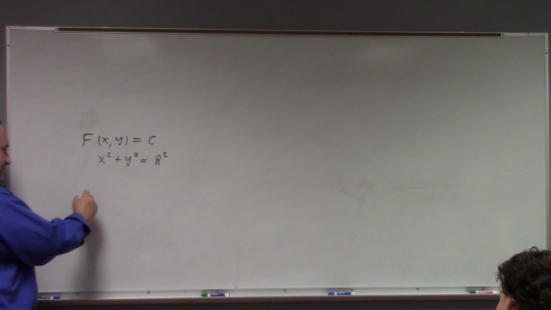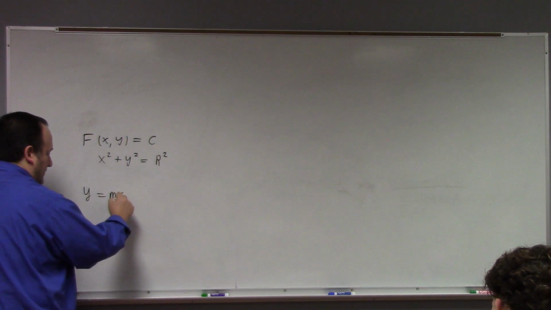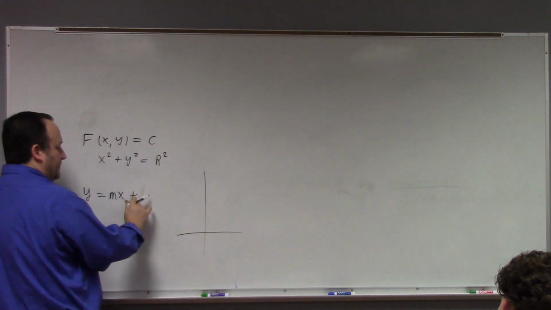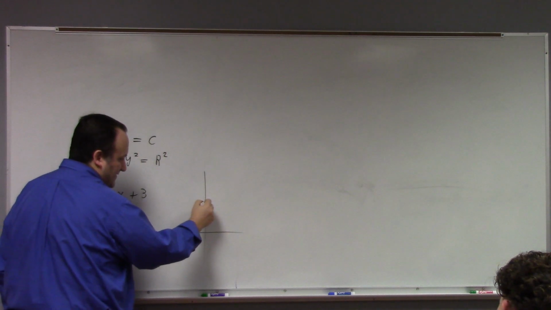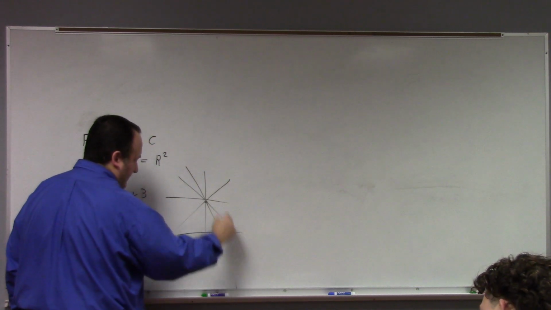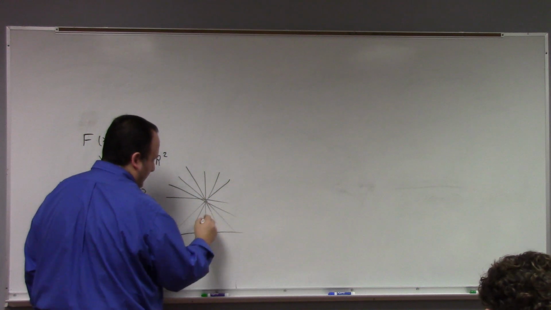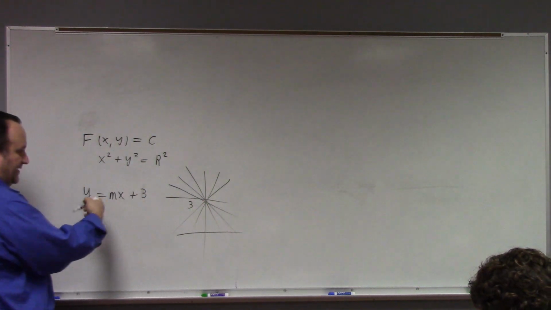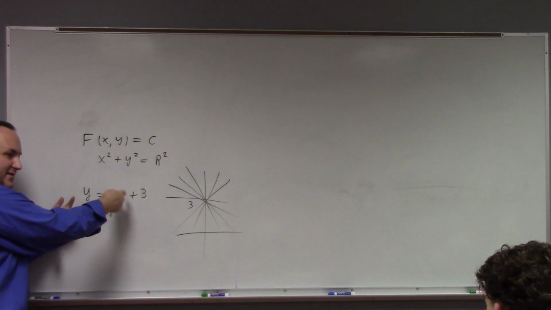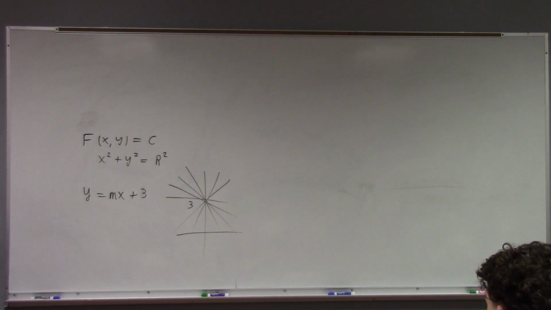Or if you have y equals mx plus b for a fixed b, let's say 3, that's the family of curves that all have y-intercepts of 3. That's what I'm saying. It doesn't have to be on the other side. There has to be a constant somewhere if you're going to have a family of curves, because that constant, as it varies, gives you different curves. It's indexing through some family of curves.